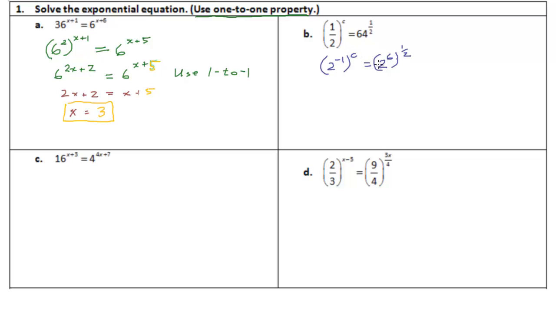Let's simplify those. Go ahead and keep the base here, but this is minus c, negative 1 times c, and on the right hand side 6 times 1/2 is 3. So we have negative c is equal to 3. This is after we have the common base. We can use the one-to-one property, and so c is equal to negative 3.